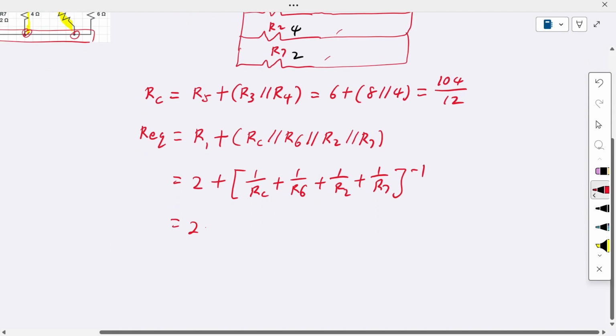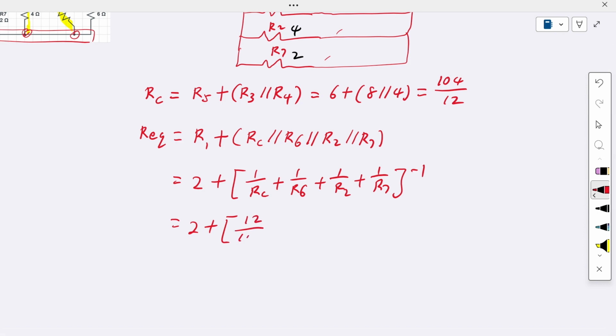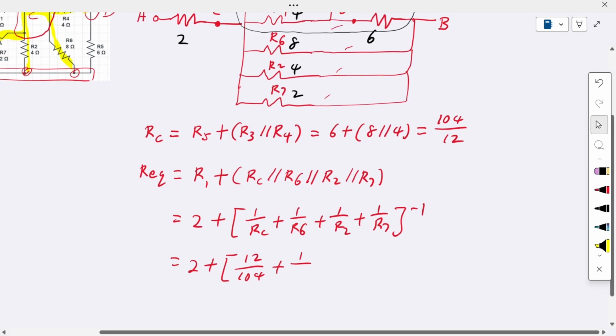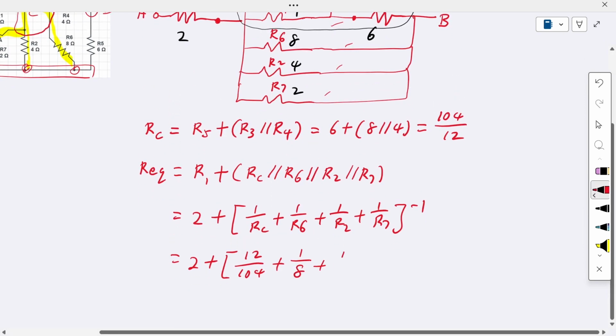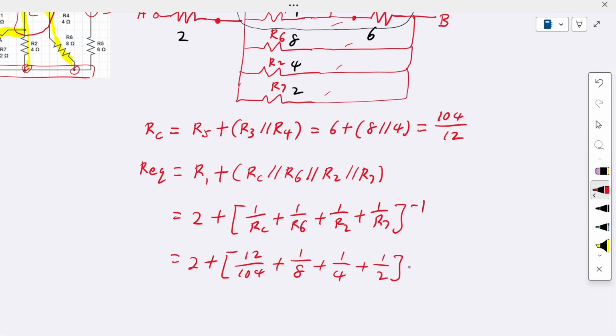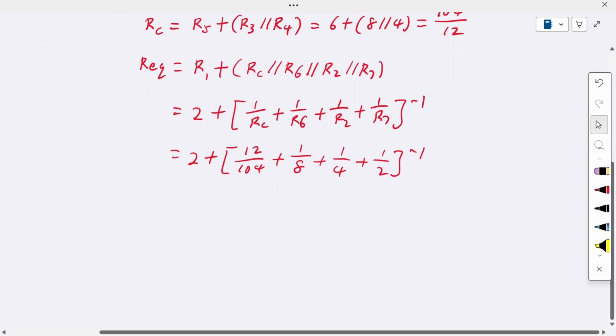In this case we have 2 plus, 1 over RC inverse, you get 12 over 104. Here 1 over R6, R6 is 8, then R2 is 4, then R7 is 2, then we take the inverse of this.